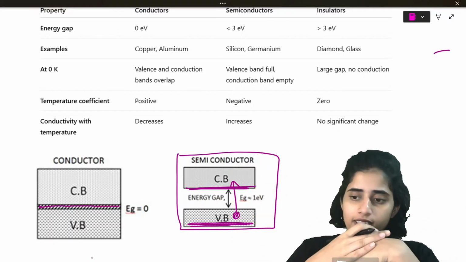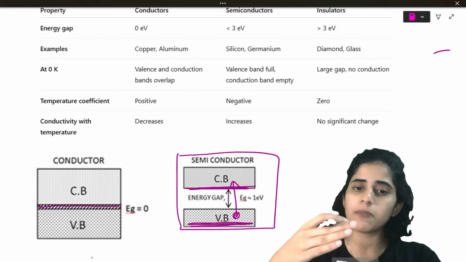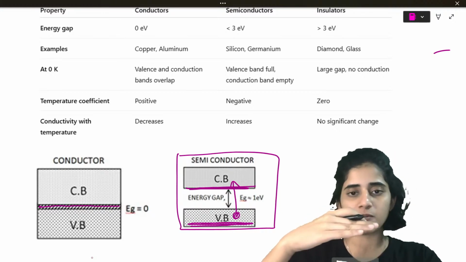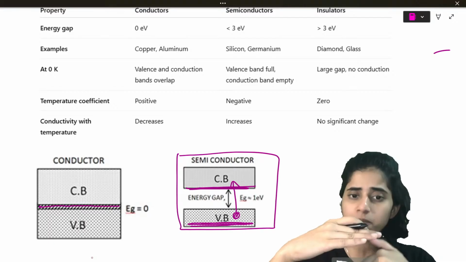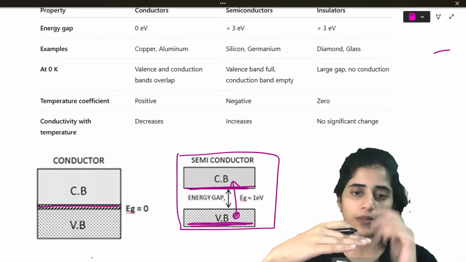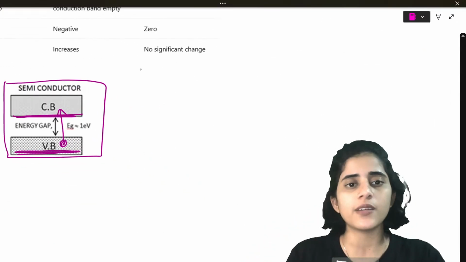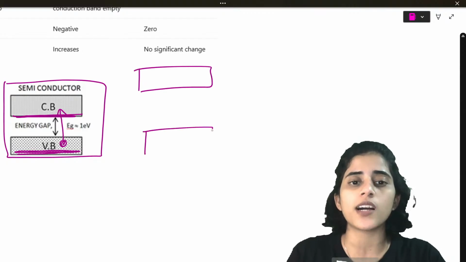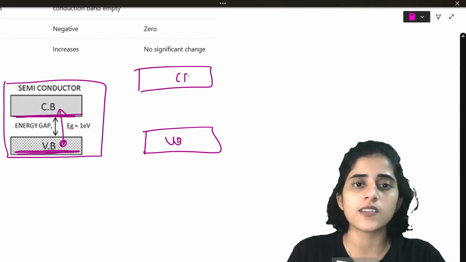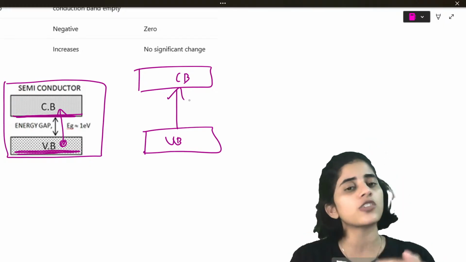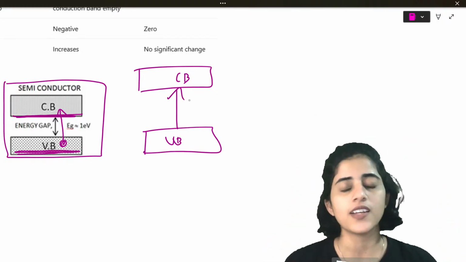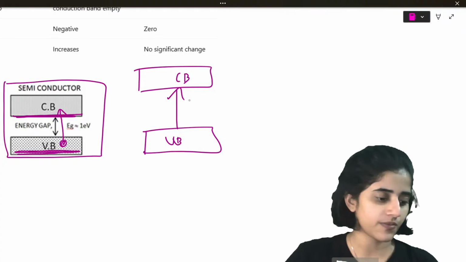But for a semiconductor, there is a little gap, so you need some energy. The electrons in the valence band have to have some energy to jump past this gap and reach the conduction band. But in an insulator, the gap is too large, so an electron can never reach the conduction band. So they never conduct.